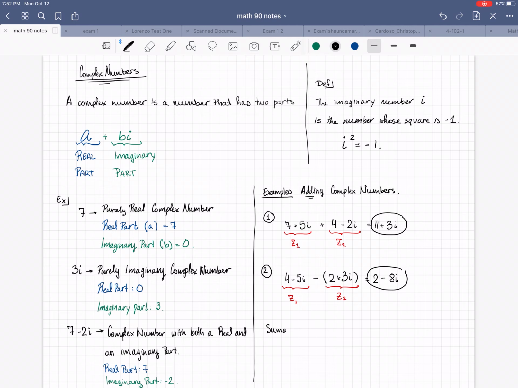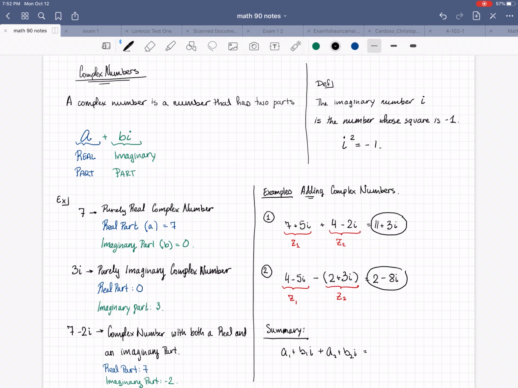So I guess we could summarize this by saying that if you have the complex number a1 plus b1i, so that's our first complex number, plus a2 plus b2i. So again, the real parts are the a's and the imaginary parts are the b's.